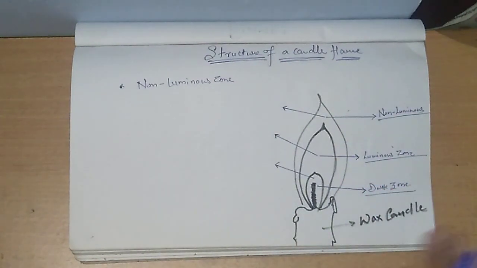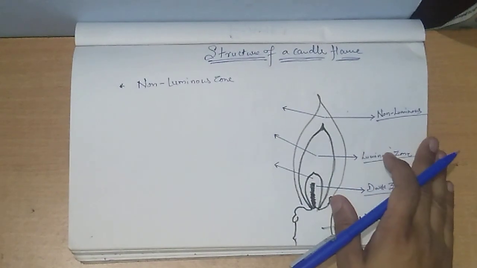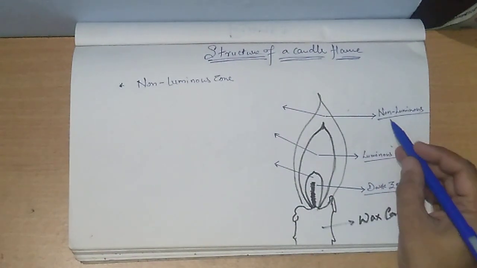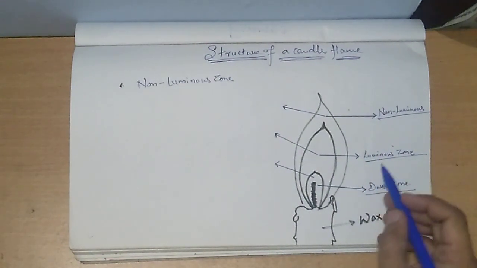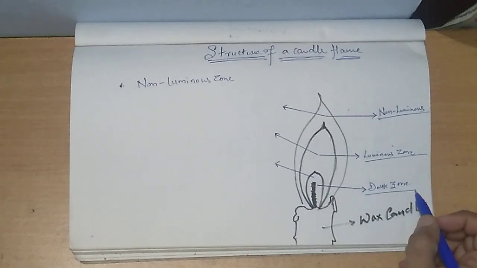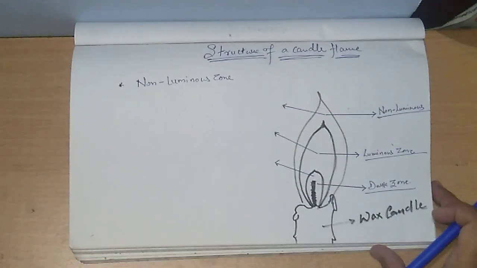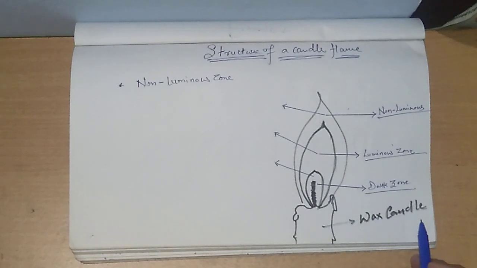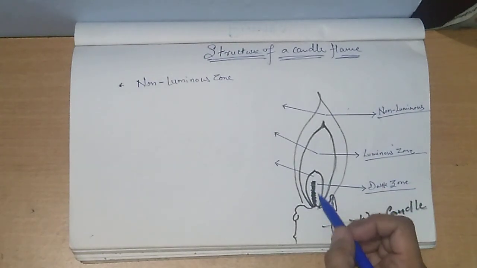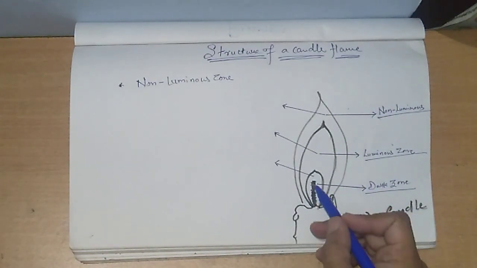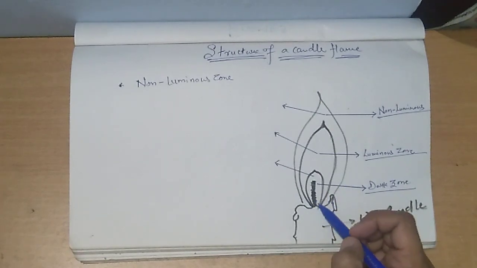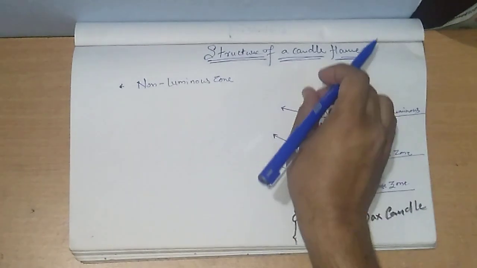There are three main zones of a flame. The first, the outermost, is the non-luminous zone, the second is the luminous zone, and the third is the dark zone. As you can see in this picture, this is a wax candle, and this is the candle wick. We light the wick, and this is the overall flame.